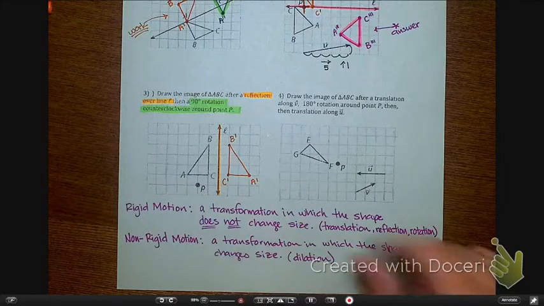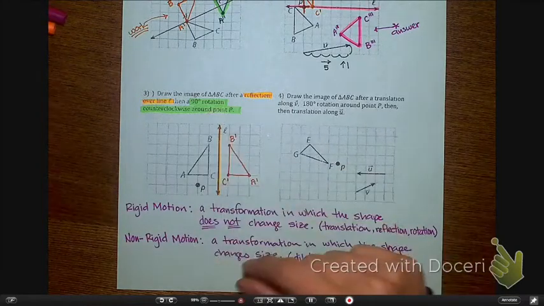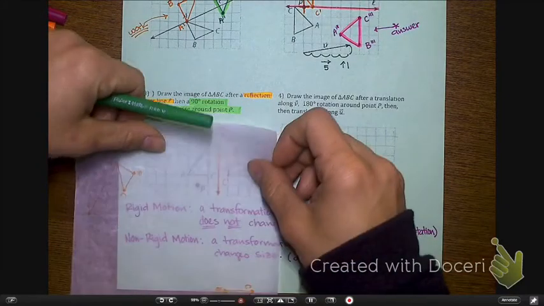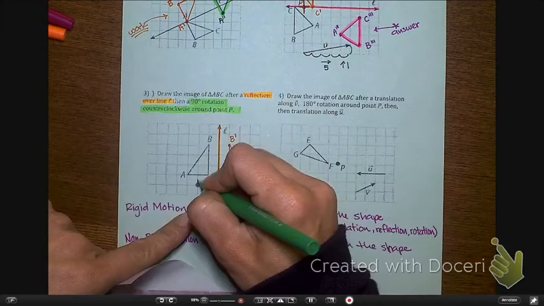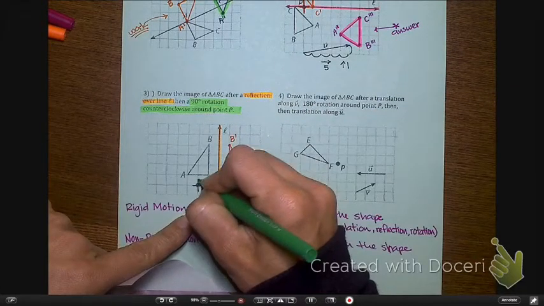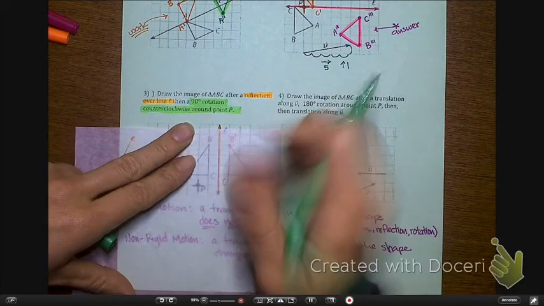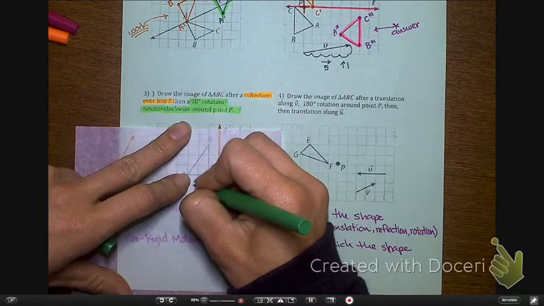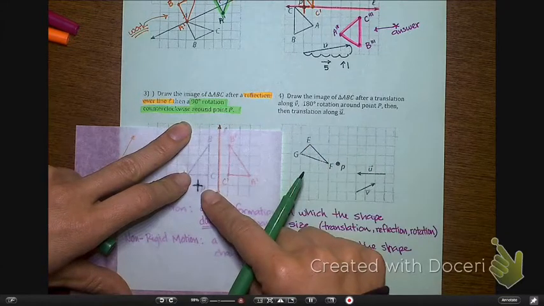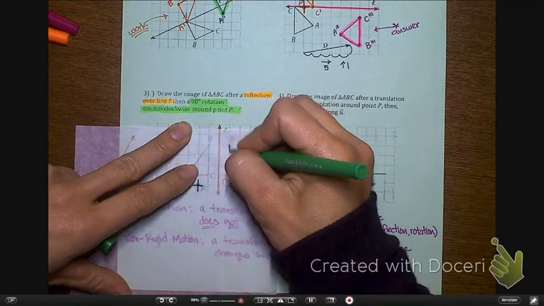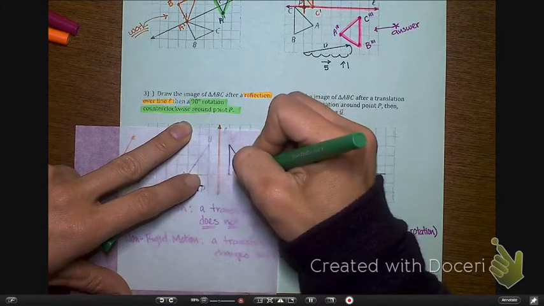After that, we're going to do a rotation counterclockwise around point P. So on point P, first I'm going to do my grid lines right here, and then I can go ahead and trace that over. So this is the point that I'm rotating around. Then I'm going to trace the new shape.